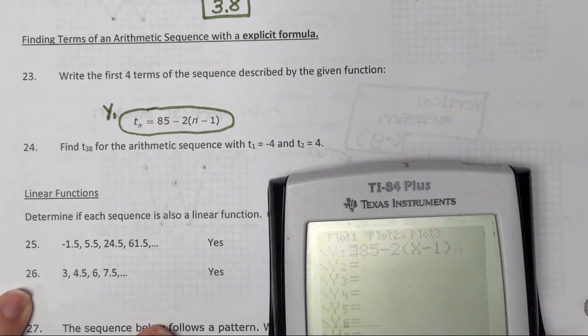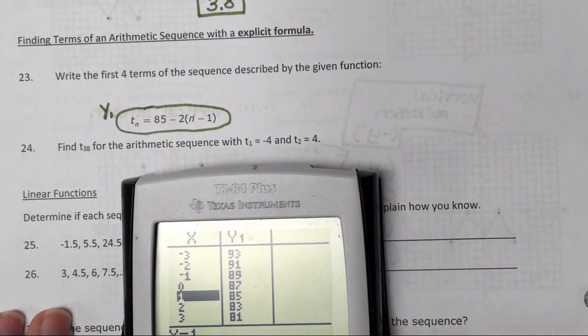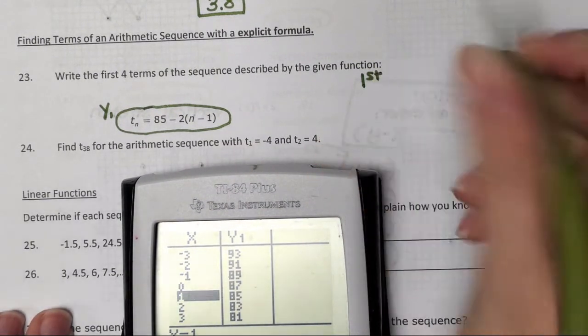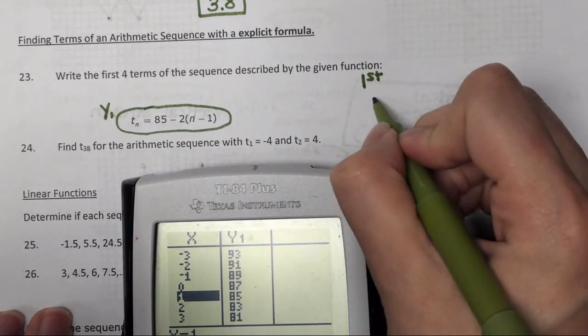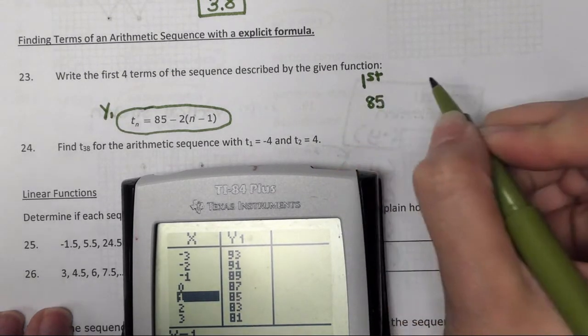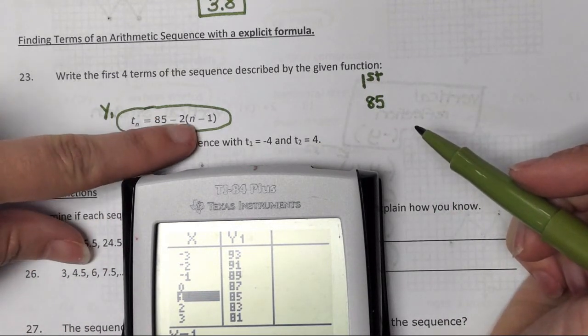If I go to my table, I can find whatever terms I want to look for. But make sure we're looking for the first term. So when x is 1. So the first term is 85, which we could tell from our formula. And how much should it be changing each time? What does this minus 2 tell us?